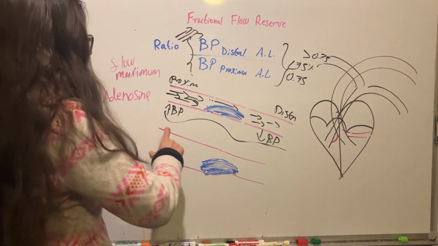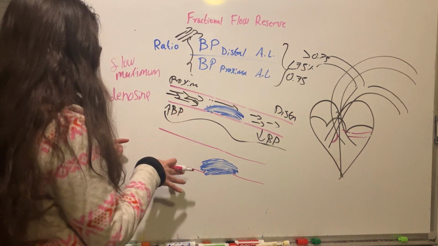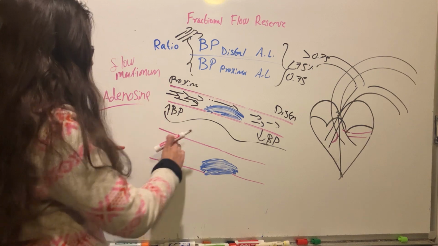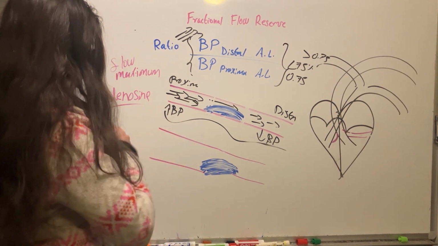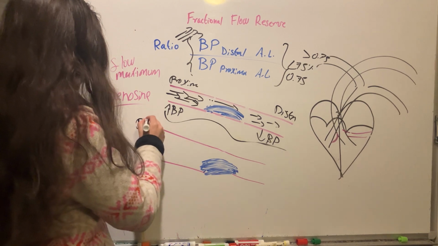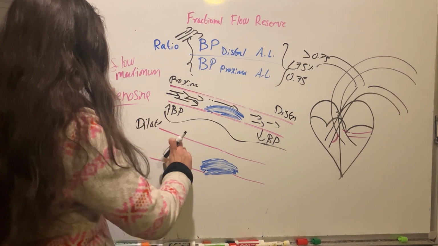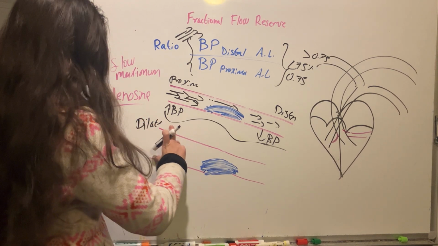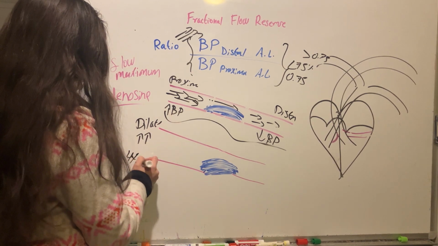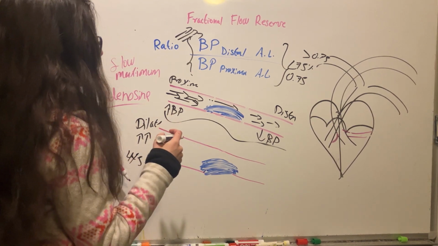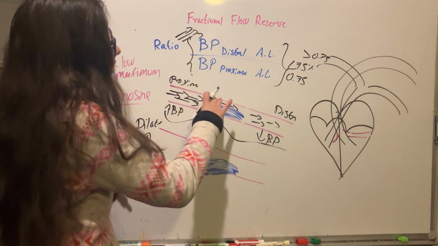So here, now that the patient is under the influence of adenosine, proximal to the lesion, the coronary artery is dilated. So we have more lumen here, so more blood, more flow comes here. This is like 4 to 5 times the normal flow we have at resting time.